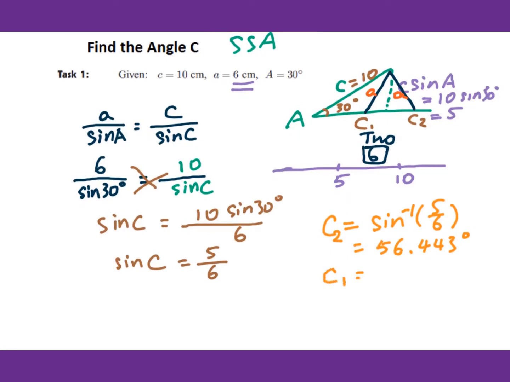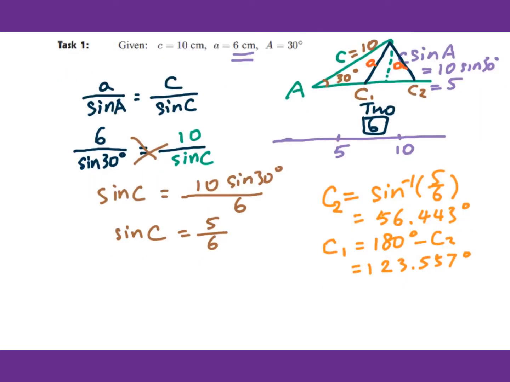For c1, we do 180 degrees minus c2. You got 123.557 degrees. For c2, definitely is correct, because that's an acute angle.